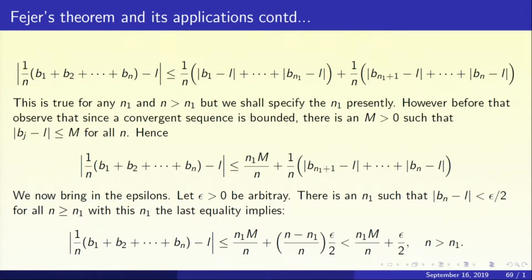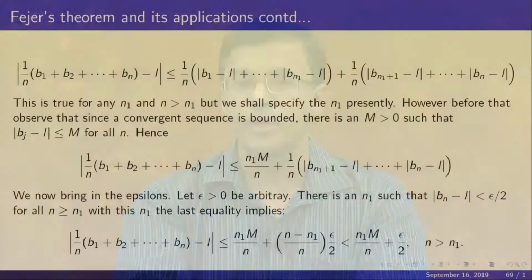Now before we specify the n1, let us make an observation that a convergent sequence is obviously bounded. So the b_n's converge, and so b_j minus L must be bounded. There must be a positive M such that mod (b_j minus L) is less than or equal to M for all j.